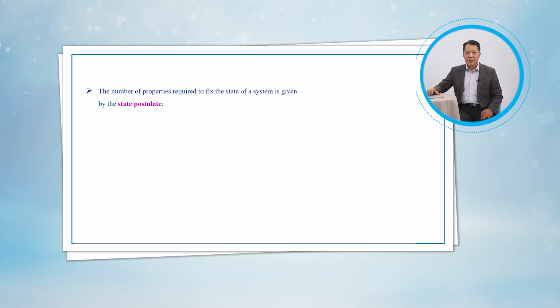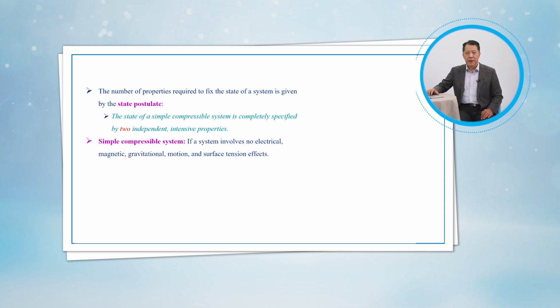That is, specifying a certain number of properties is sufficient to fix a state. The number of properties required to fix the state of a system is given by the state postulate. The state of a simple compressible system is completely specified by two independent intensive properties.